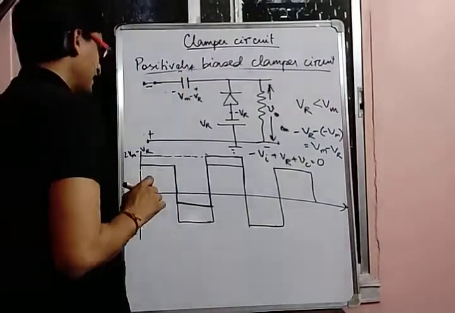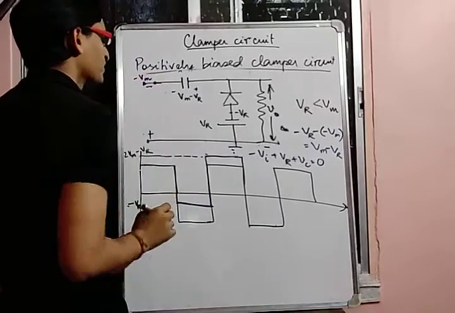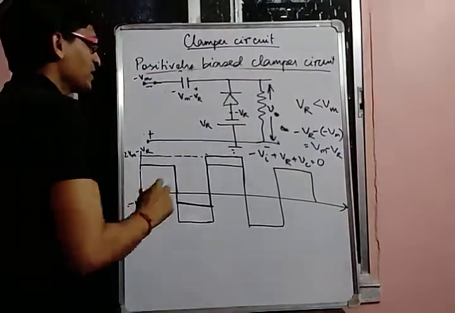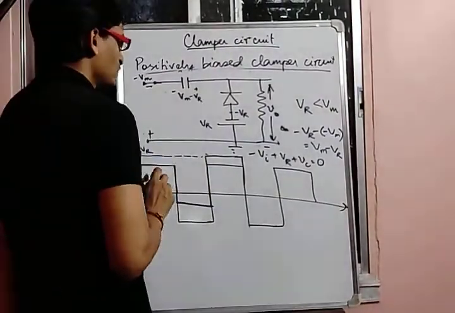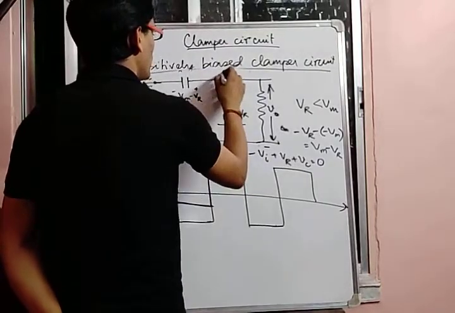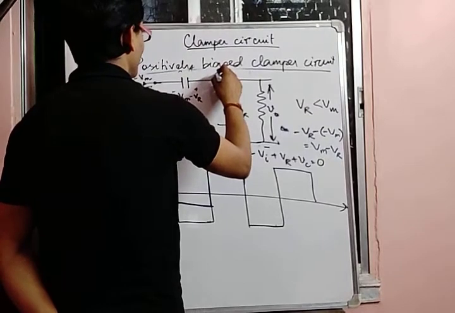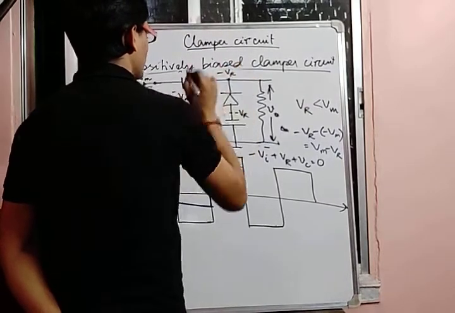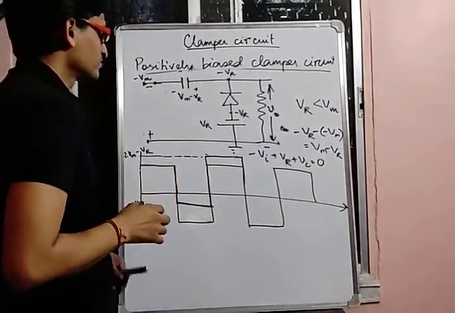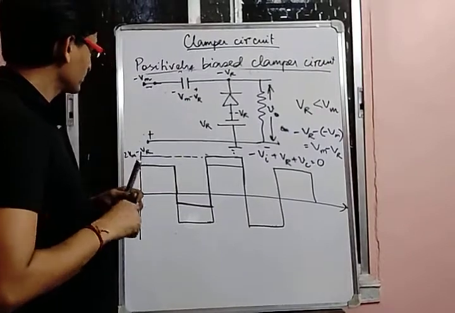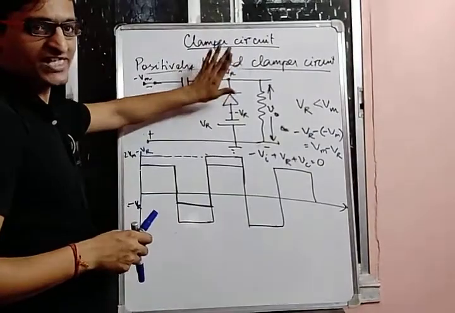During the negative half cycle, obviously since this is 0, this will be minus Vm. If this is minus Vm, then what should be this voltage? The difference should come out to be equal to Vm minus Vr. So obviously this voltage has to be equal to minus Vr.